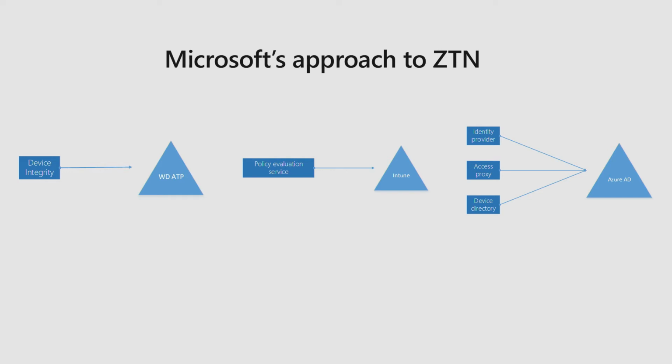Or we might want to say, if there's an indication of lateral movement, for example, a golden ticket attack or some other indications of anomalies related to a user authentication, maybe they work in sales and all of a sudden they're downloading every engineering document from OneDrive, we can actually spot that anomaly and use that to reduce access. That's really useful. We can also do things like say, you're in the sales group, you shouldn't access engineering resources after 8 p.m.